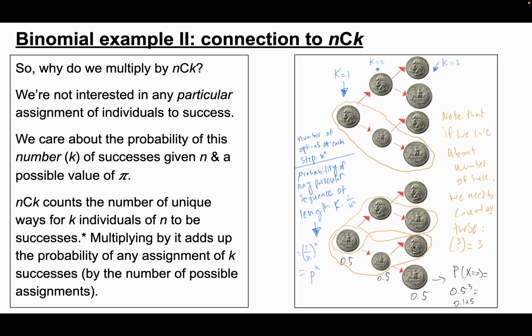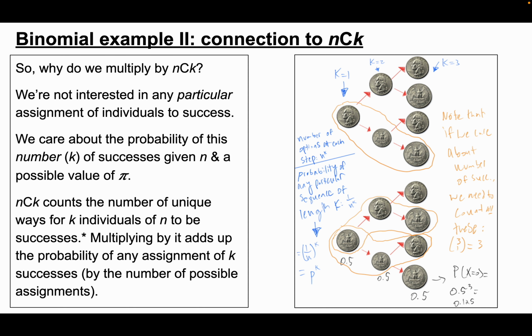That happens to be really easy to calculate by hand, but if it weren't, you could do it with the formula. And then we just multiply out that 3 by the probability of any one of these successes. So we get 0.5 to the 3, which is 0.125, and then we would multiply that by 3.